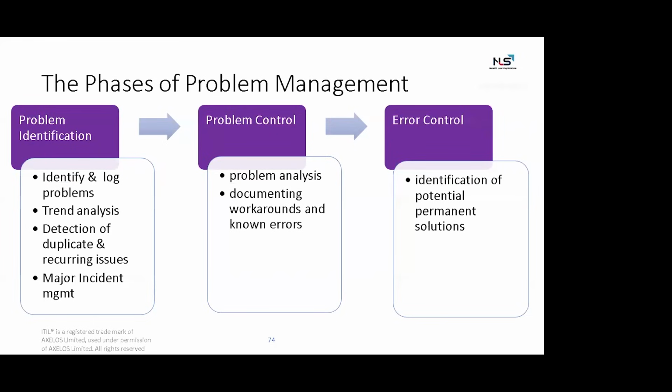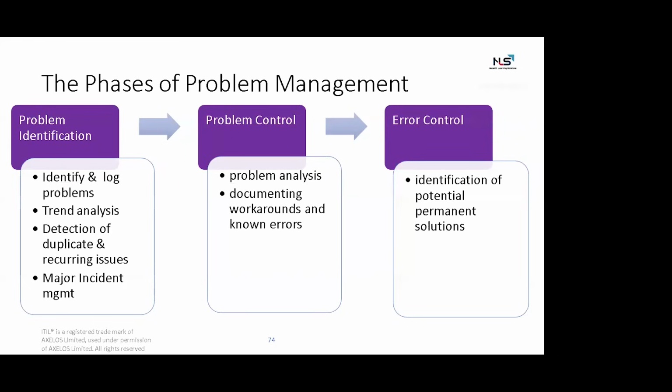Next, detection of duplicate and recurring issues. Sometimes if we operate some major activities, we face such issues. If a new problem has arrived, multiple users and multiple teams are raising the same problems to you. If you are from a central team, there are chances that you will have duplicate issues in the problem queue.